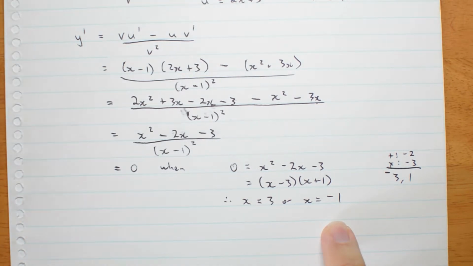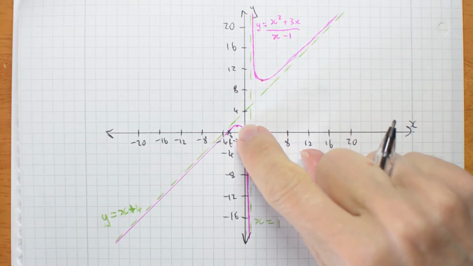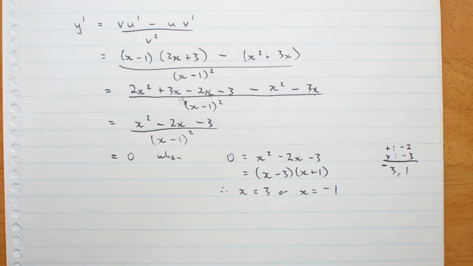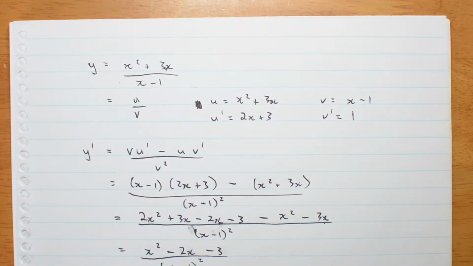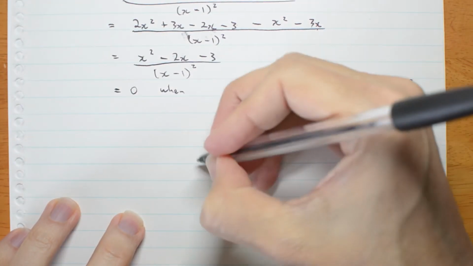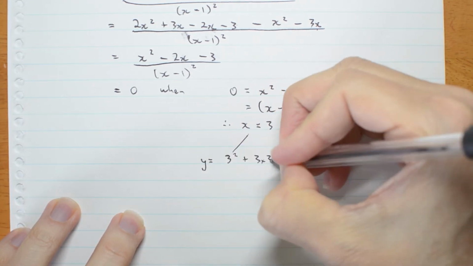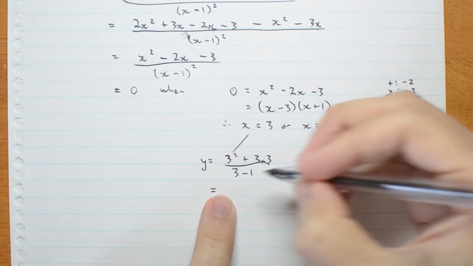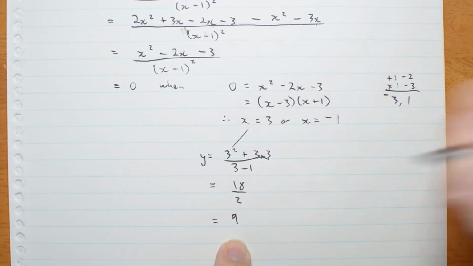Let me have a look back at the graph again. 3 looks reasonable and negative 1 looks reasonable. That's good. Okay, can we work out what y is at those points? Let's substitute in. At x equals 3, y is 3 squared plus 3 times 3 over 3 minus 1, which is 18 over 2, which is 9.